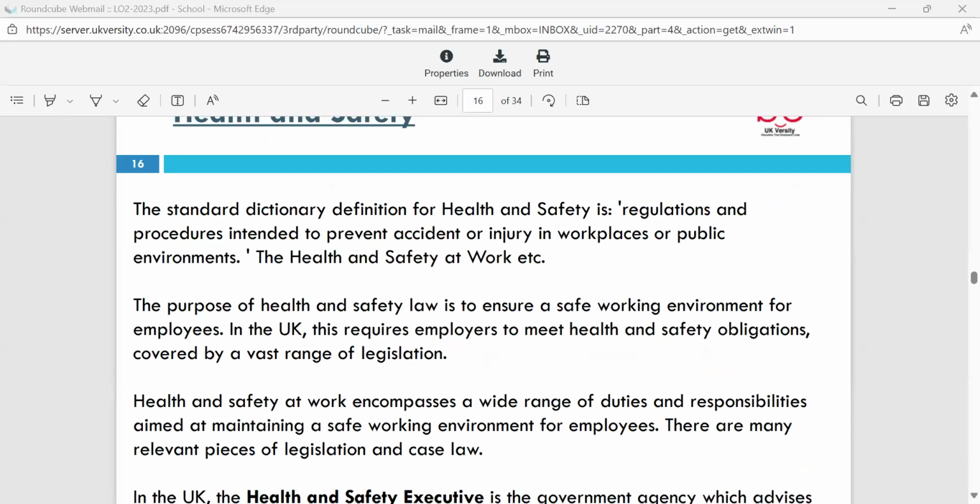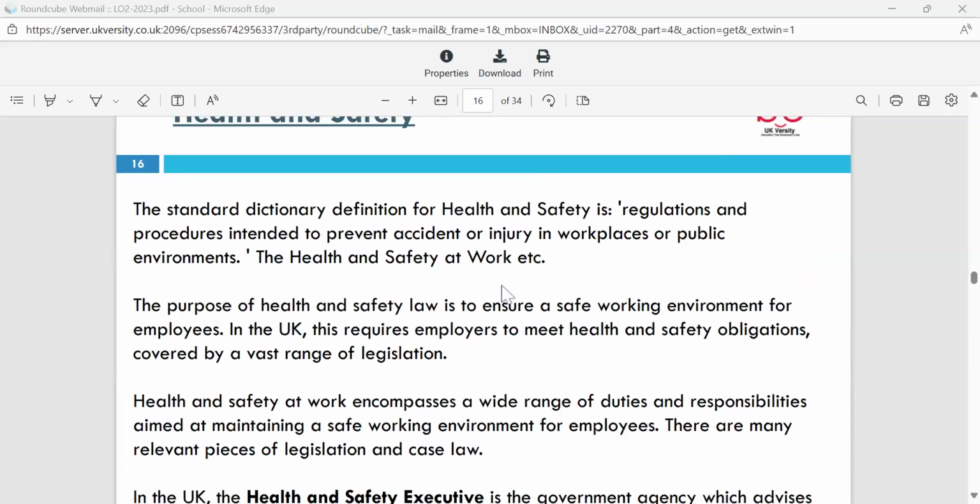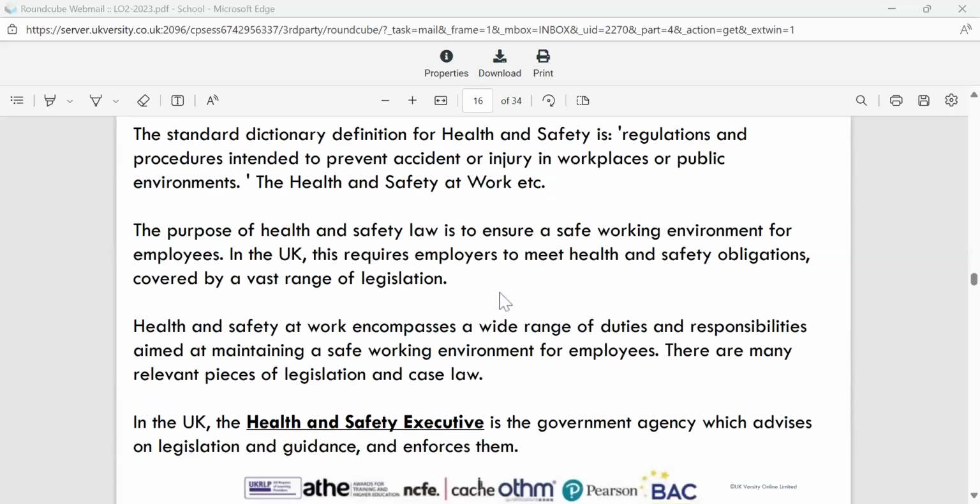Employees also have a responsibility to follow safety procedures and report hazards, so it's not just up to the employees, it's up to the employer as well. The UK's Health and Safety Executive, the HSE, is a government agency there to enforce regulations, conduct investigations, and provide guidance to businesses. So if something hasn't been followed, they are there to provide that guidance.